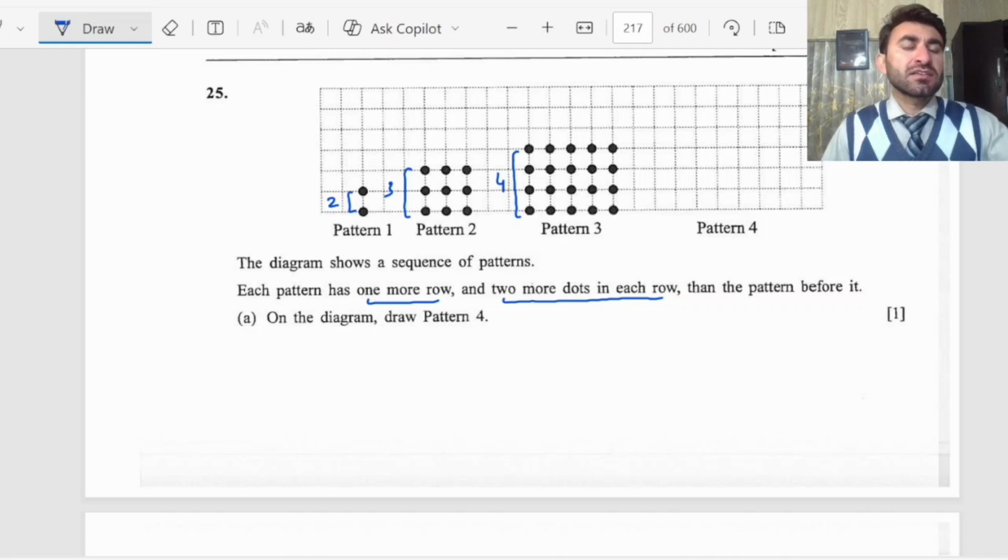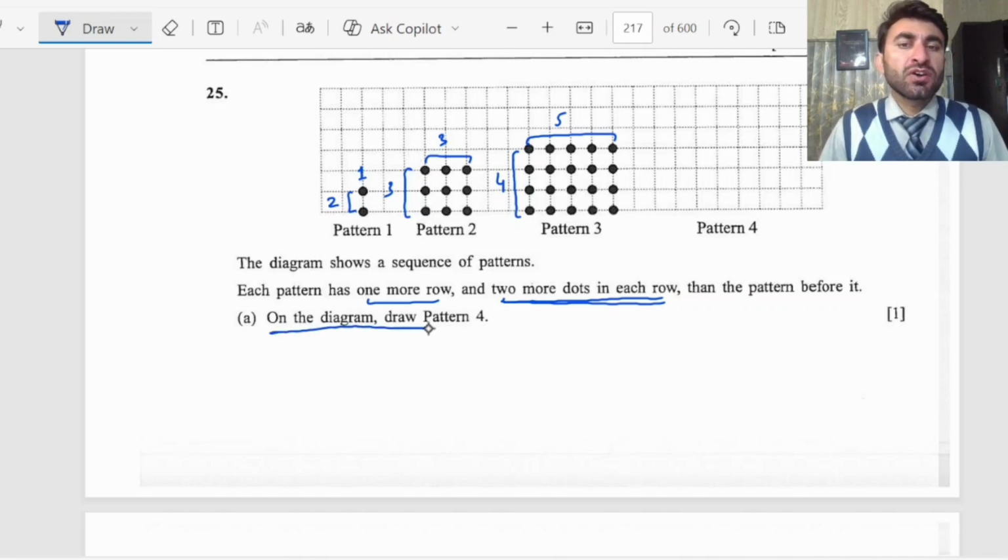So in the next pattern, the number of rows will be 5, and two more dots in each row means that there is one dot in a row of pattern 1. In a row of pattern 2, there are 3 dots, and in a row of pattern 3, there are 5 dots. So in a row of pattern number 4, there will be 7 dots.